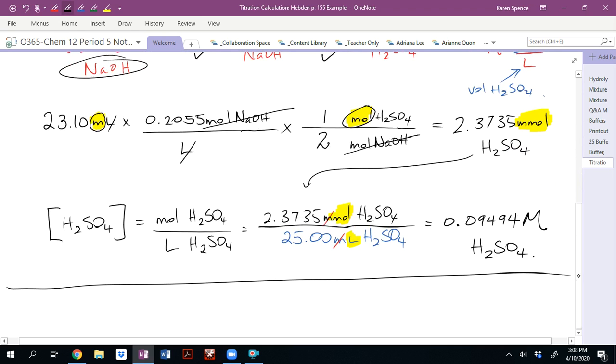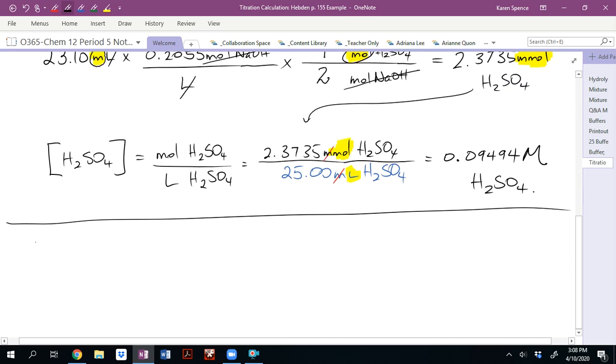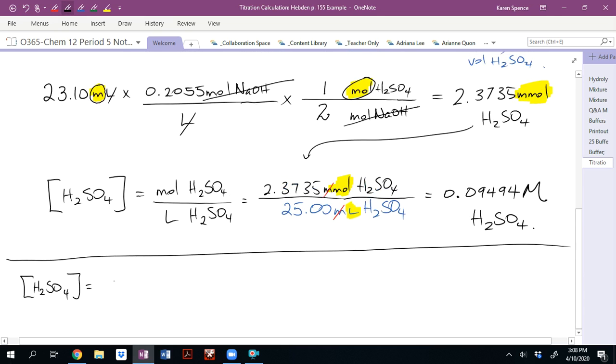If you would like to see it all in one line, let's do it that way. Concentration of H2SO4 is equal to, and we'll do the same calculation that we did before. We have our 23.10 milliliters of NaOH times 0.2055 moles of NaOH per liter.